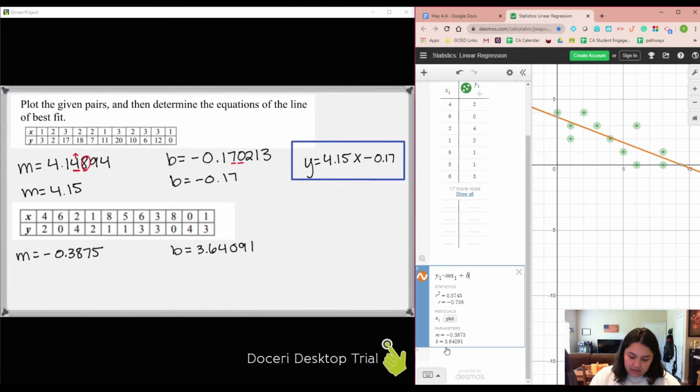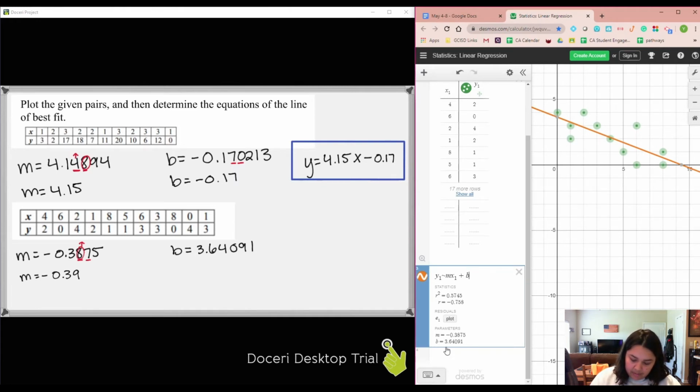Okay. All right, let's go ahead and round our decimals to 2 places. So for my m, I'm looking at 8 and 7. 7 is greater than 5, so that means that this 8 is going to go up 1 to a 9. So we got m is equal to negative 0.39.